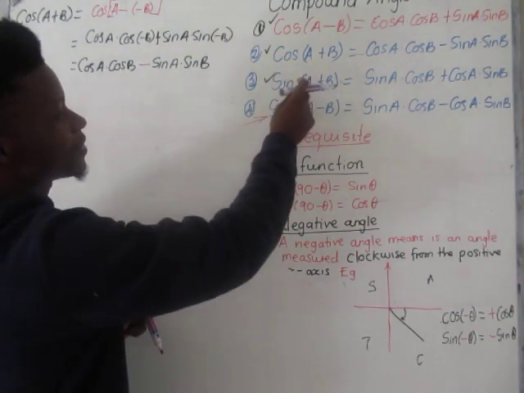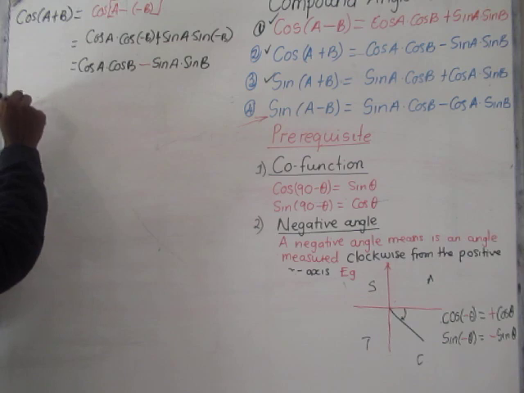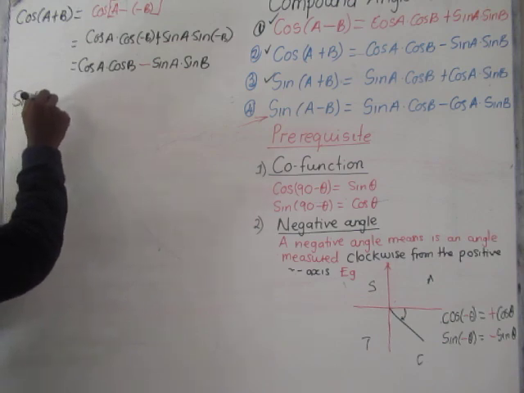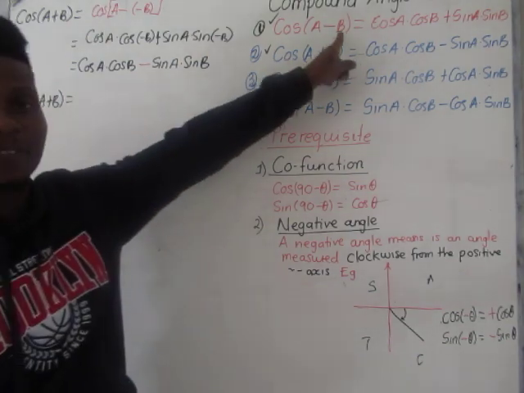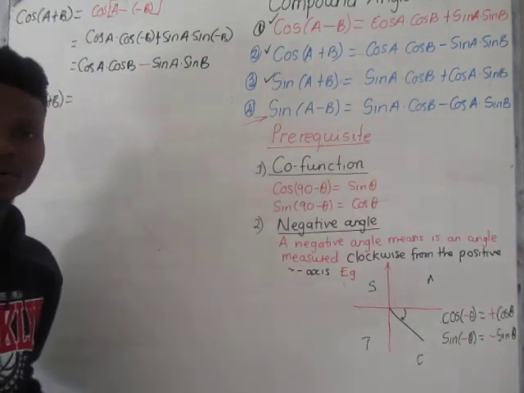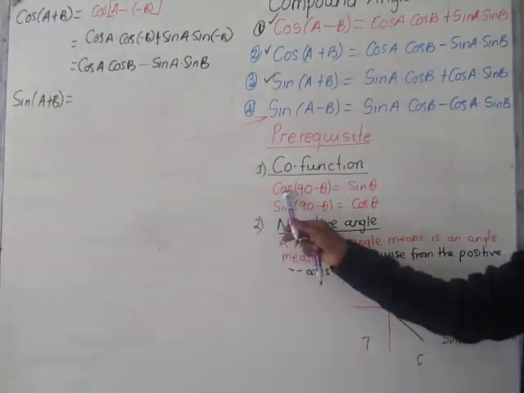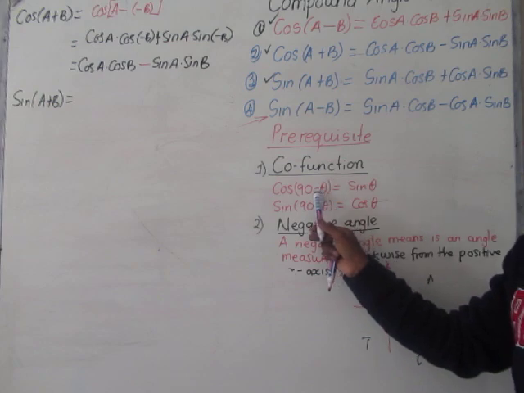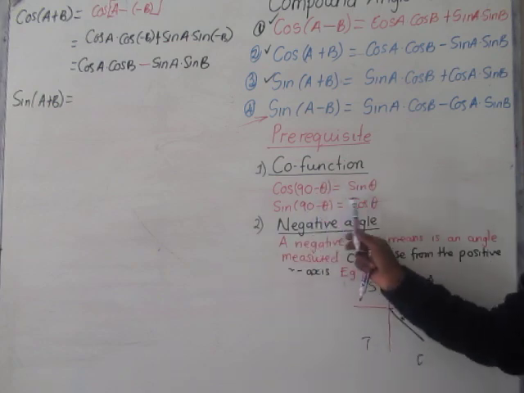How do we prove sin(A + B)? Sin(A + B) can also be written using cos, but we should know the connection between cofunction angles. This is very, very important. We know that cos(90 − θ) gives sin θ, and sin(90 − θ) gives cos θ.